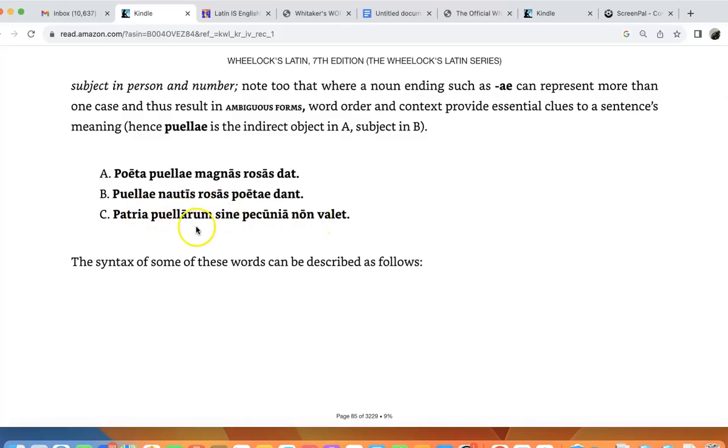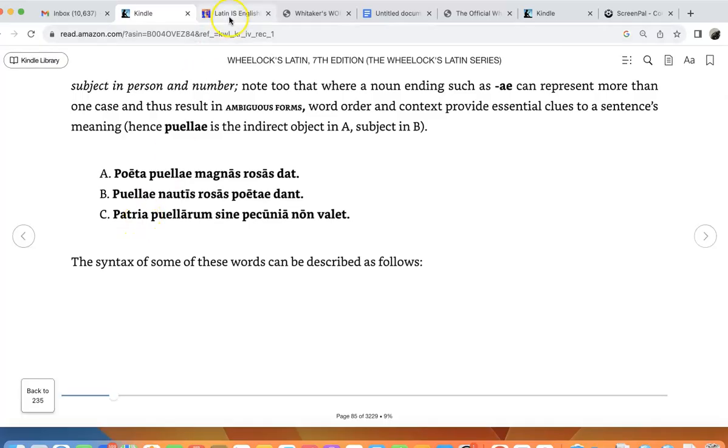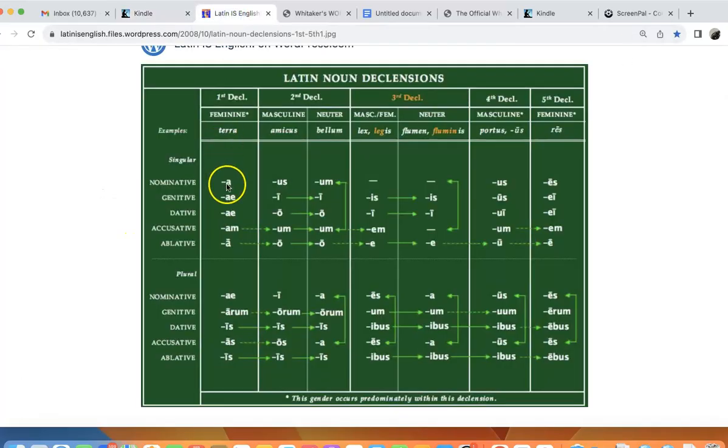So let's talk about a couple things here. So patria is the subject. So remember, you need a subject for sure, at least one word in a Latin sentence. Remember the word sententia coming from Latin means a complete thought. So when we talk about writing complete sentences, you need a complete thought. A complete thought needs a subject. So patria is our subject.